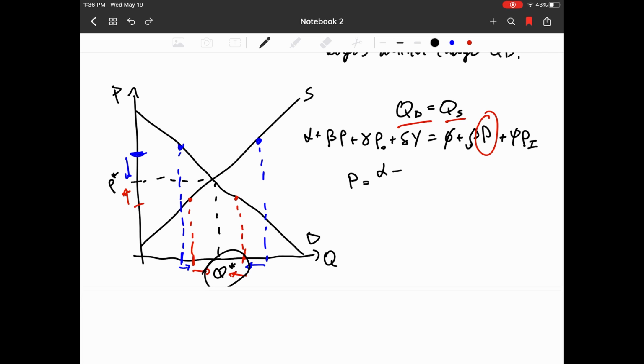P is equal to alpha minus phi plus gamma P0 plus delta Y plus phi Pi, and this is actually a negative, all over rho minus beta. Okay, so this is our solution for price, and I'll put a little star here to denote that it's the equilibrium.